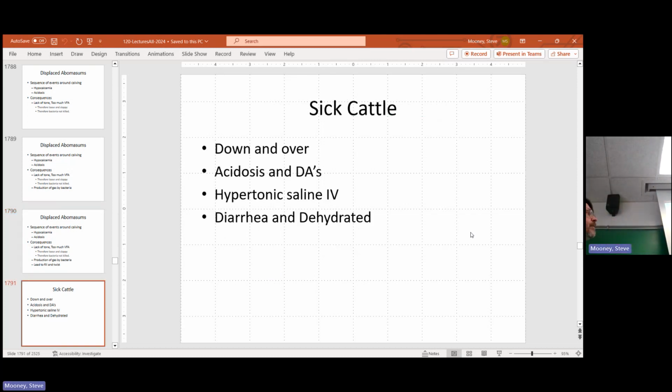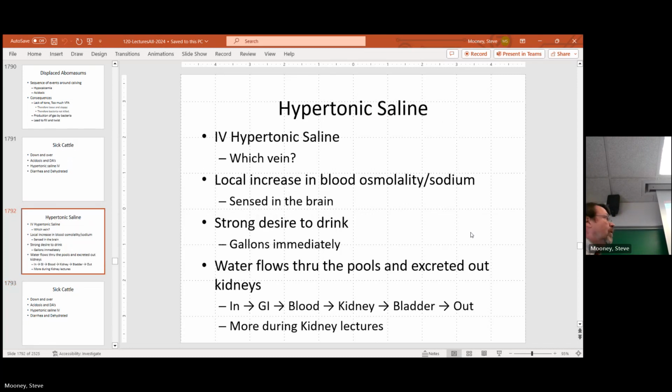Hypertonic saline. We're putting hypertonic saline into our cows. Does anybody know what vein we usually put it in? Which one do I want you to remember? External jugular.